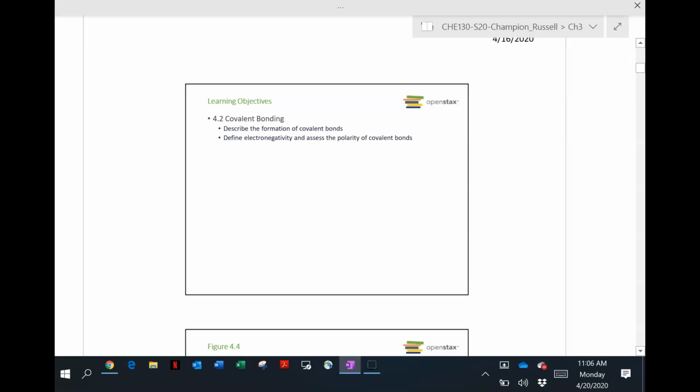So covalent bonding, we're going to talk about that briefly. And covalent bonding, unlike ionic bonding where we form ions, in covalent bonding we share electrons to get a more stable arrangement of electrons.